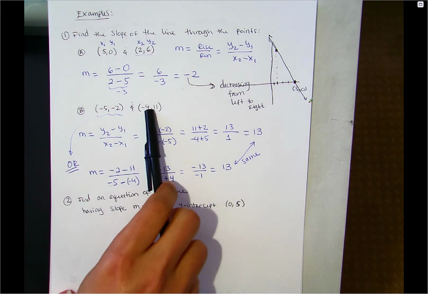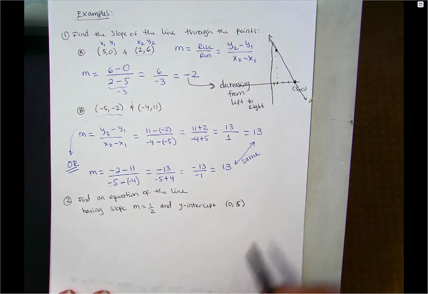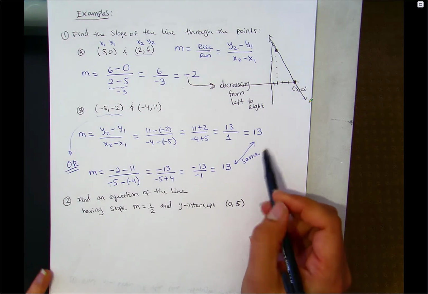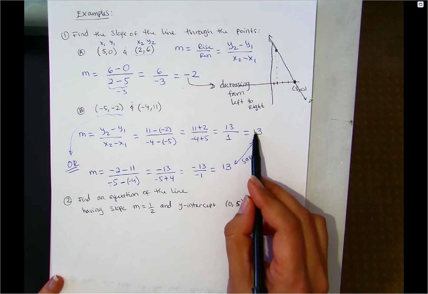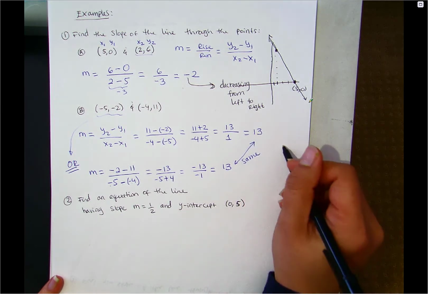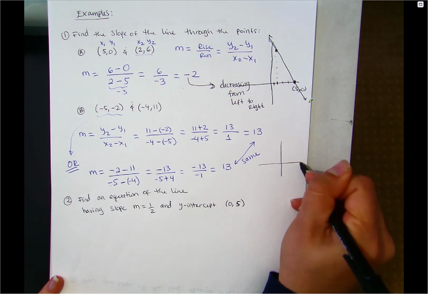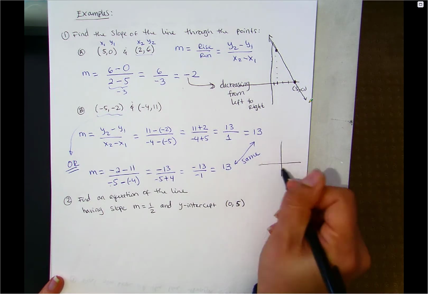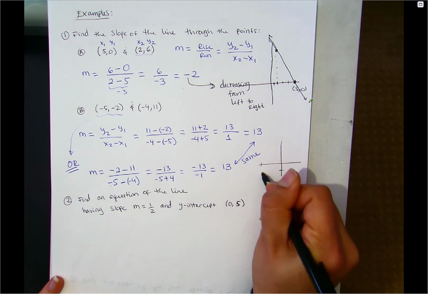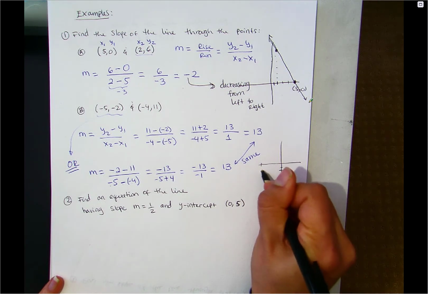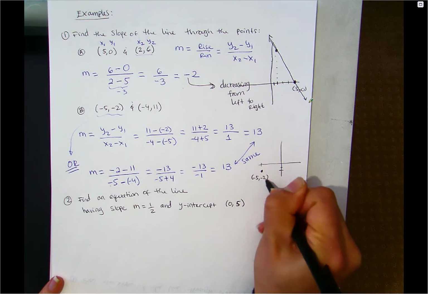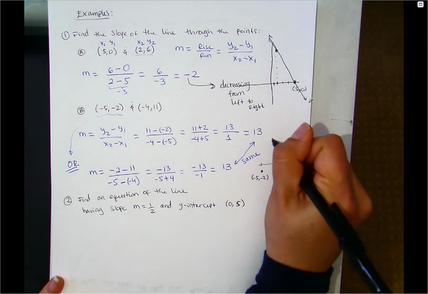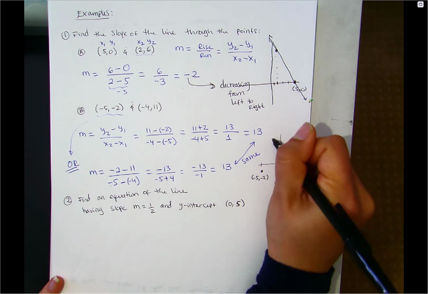These might be harder to plot, especially in this space I left myself. But the slope is positive, so this line will have an increasing direction. So (-5, -2) is not necessarily drawn to scale, but it's going to be somewhere over here, and then (-4, 11) is going to be somewhere up here.